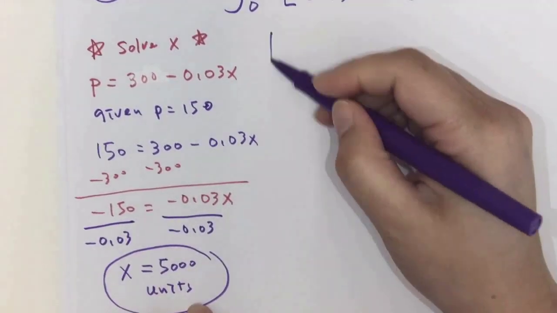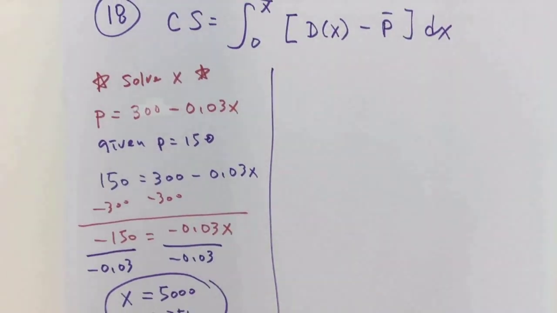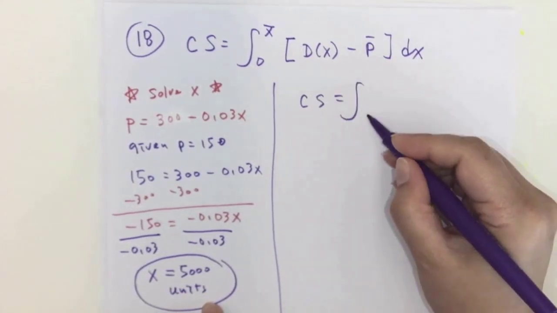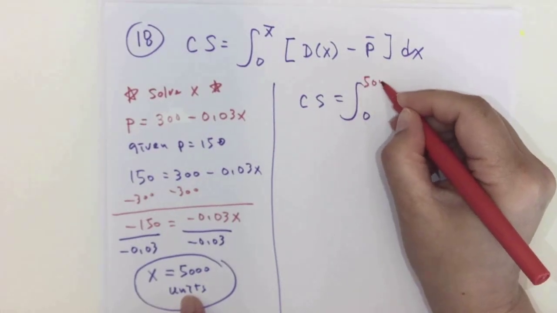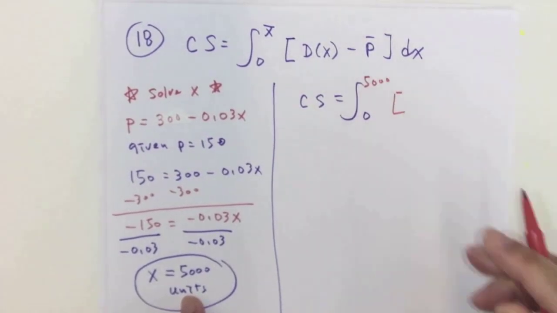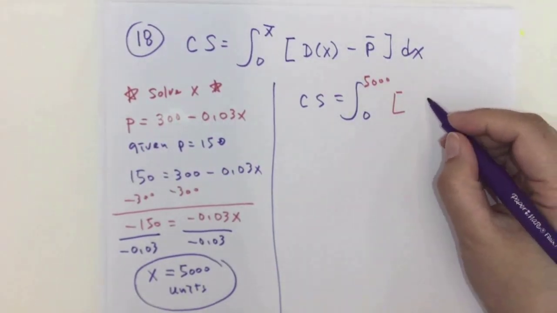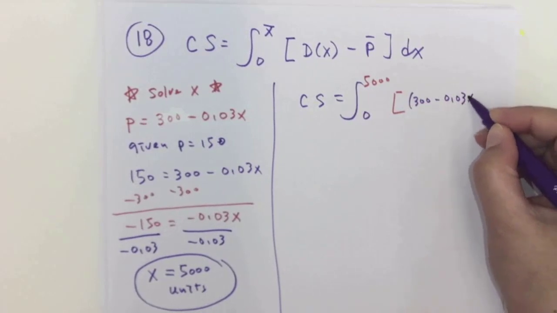Once we have that, we can plug it into the consumer surplus formula, okay? So the consumer surplus formula is the integral from 0 to that x number, which is 5,000 we just found. And then the demand function was given from the question, right? That was 300 minus 0.03x.